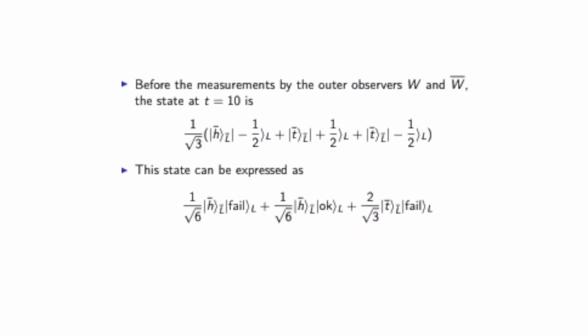And so to put it differently, before the measurements by what I'm going to call the outer observers, Wigner and W bar, the state at t equal 10 is this state over here, which is heads minus half, tails plus half, tails minus half, for the two labs.